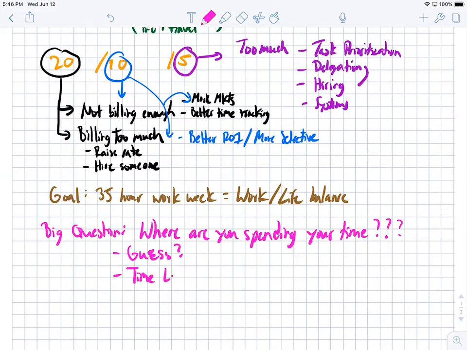Or you can have them complete a time log to really get a good sense of that. So I always try and push them to complete the time log if I can, just because guesses are really off. And by tracking your time, even for a 1 week period of time, it can provide some really interesting insights. And that's what we're going to be covering next is the time log.